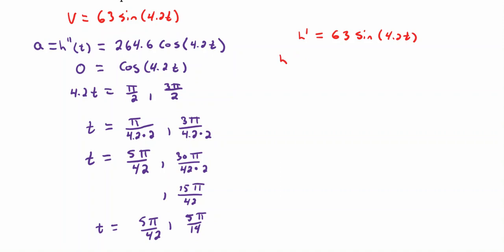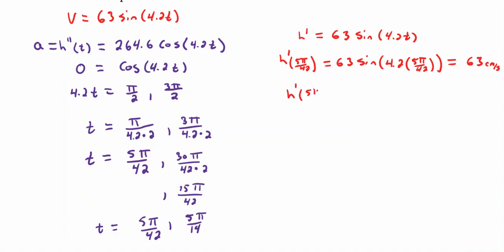So we'll input our values there. h prime of 5 pi over 42 is equal to 63 times sine 4.2, and this is where I'll input 5 pi over 42, and that gives you 63 centimeters per second. And if you input 5 pi over 14, you get negative 63 centimeters per second.